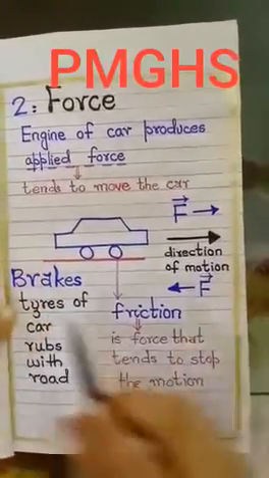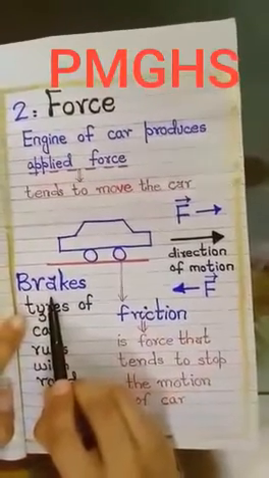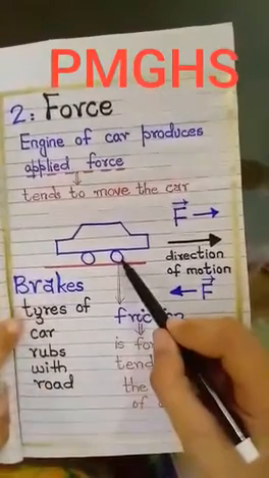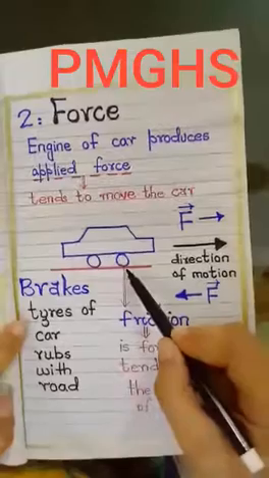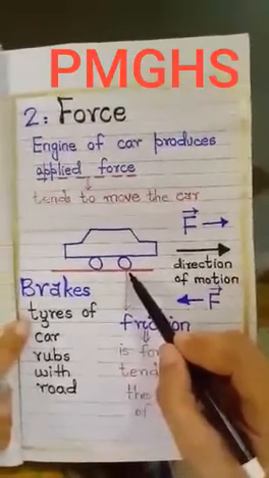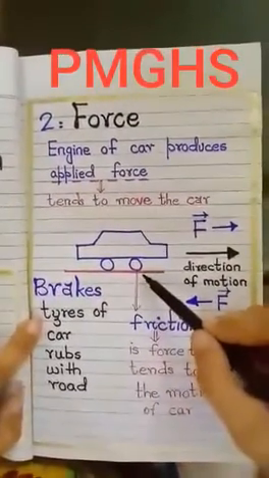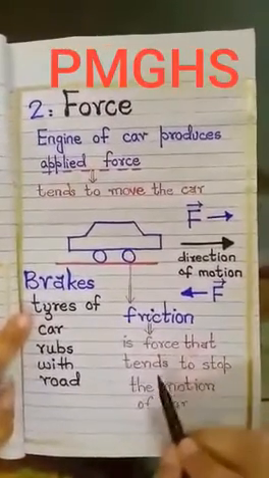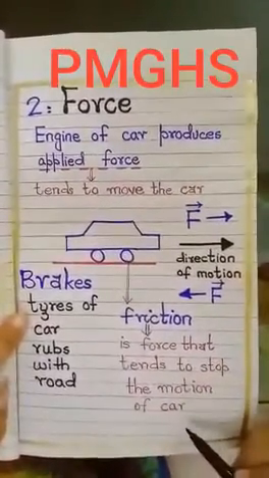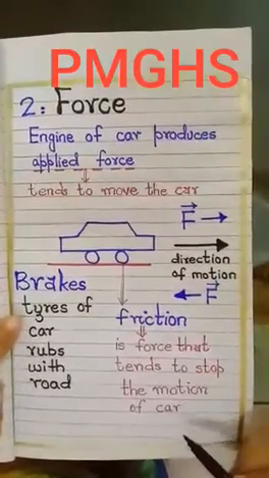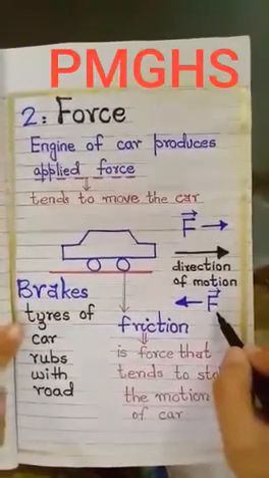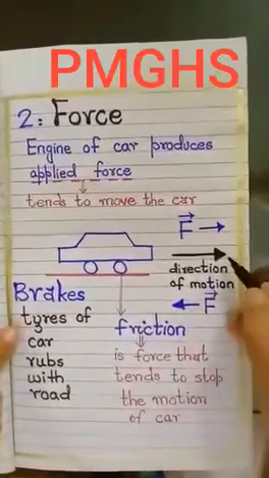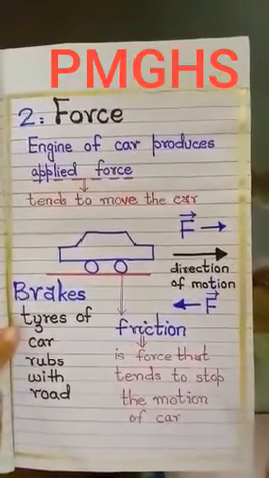Now, if we apply the brakes, the tire of the car rubs with the road. As a result of this rubbing, friction is produced. And friction is the force that tends to stop the motion of the car. So the direction of friction is always opposite to the direction of motion of the car. Why?